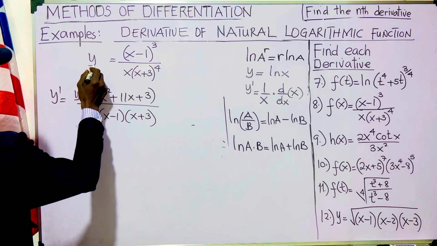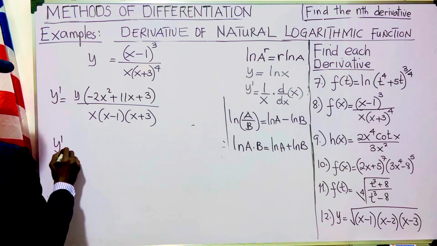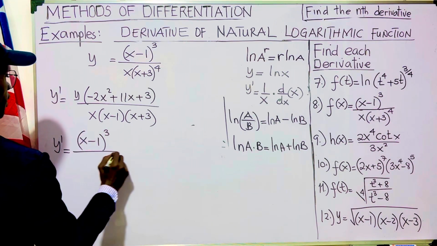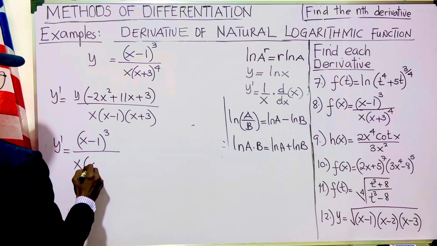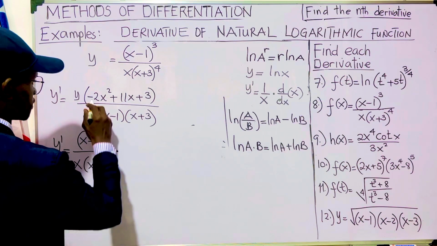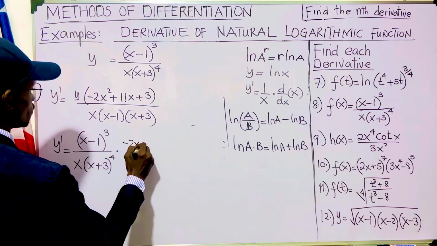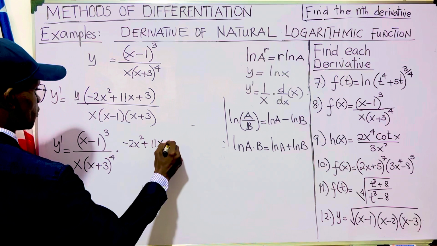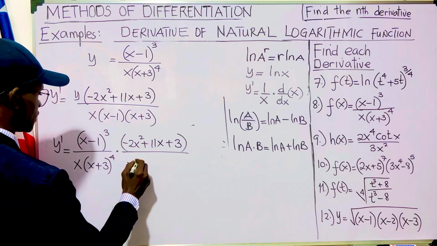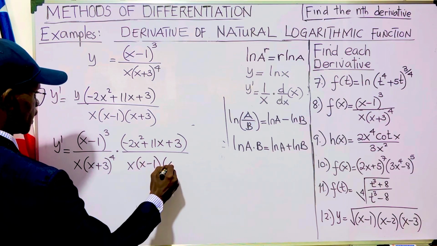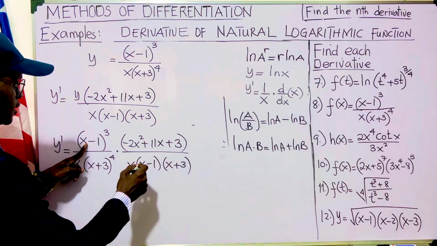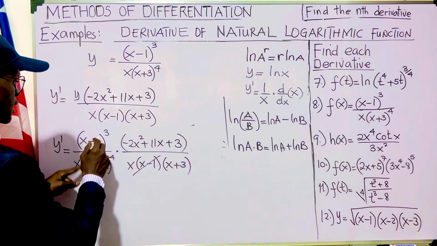So we can bring in the value for y. This is y. So we have y prime equals, y is x minus 1 raised to the third power, all over x times x plus 3 raised to the fourth power, times minus 2x squared plus 11x plus 3, all over x minus 1 and x plus 3. So this is x minus 1. x minus 1 can cancel 1 from here.